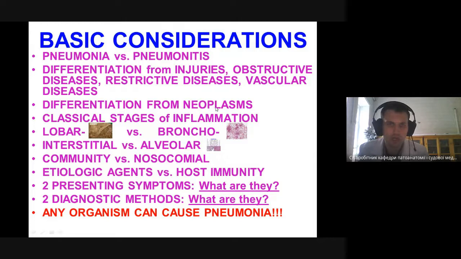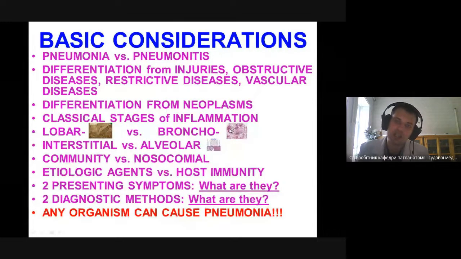Differentiation from neoplasms, it's not very difficult because most pneumonias are acute and they take just 1 month for the full resolution. Lobar pneumonia, I've shown it already, and bronchopneumonia, when the foci are concentrated around bronchi.